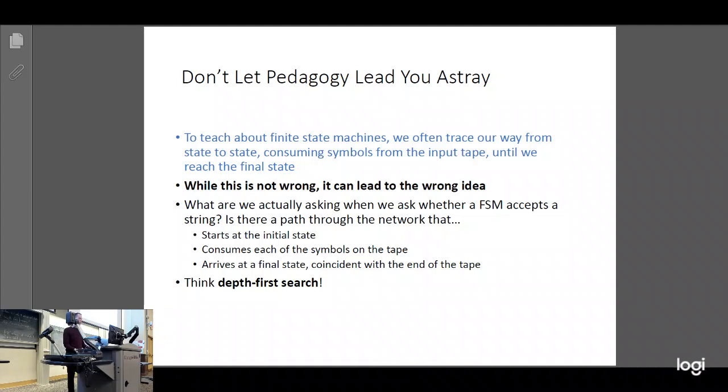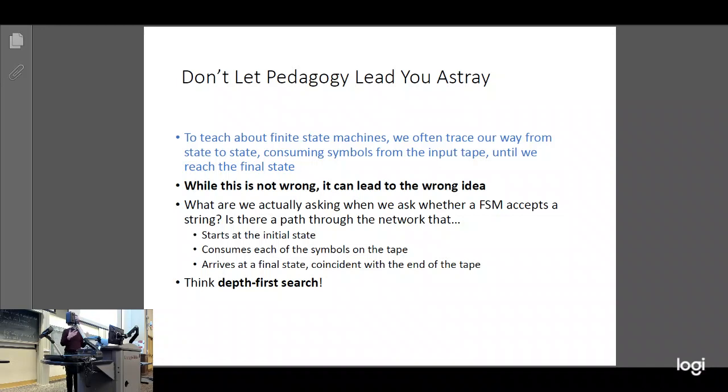So there's one thing, though, that's a little bit confusing. So often when we teach you about finite state machines, we trace our way from state to state. We consume the symbols from the input tape until we reach the final state. This is not wrong, but it can sometimes lead you to the wrong idea. What we're actually asking, when we ask whether an FSM accepts a string, is whether there is a path through the network that starts at the initial state, consumes each symbol on the tape, and arrives at the final state.